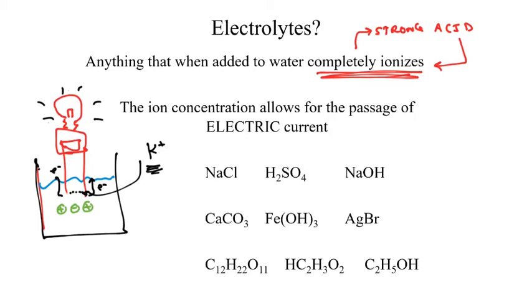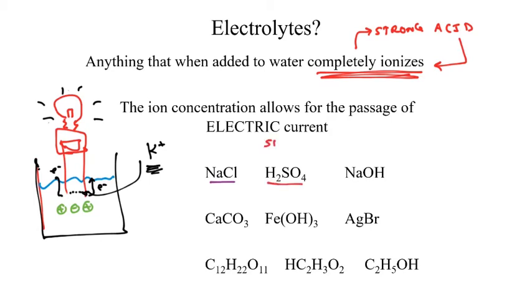So what you need to be able to do is to look at a formula and decide if it's an electrolyte. So, sodium chloride. Sodium chloride is an electrolyte. How do you know sodium chloride is an electrolyte? You've probably already memorized that outside of the class. So let's move on to a different one. H2SO4 is an electrolyte. Why?